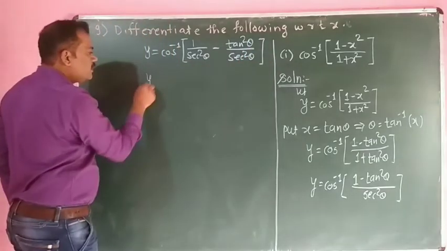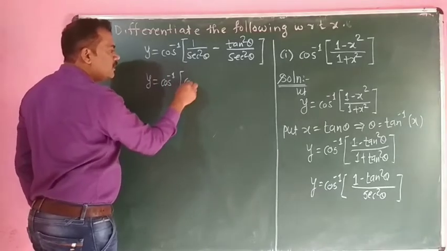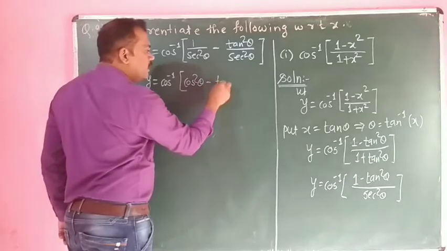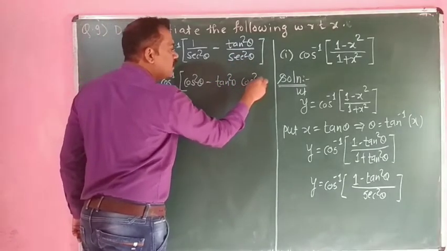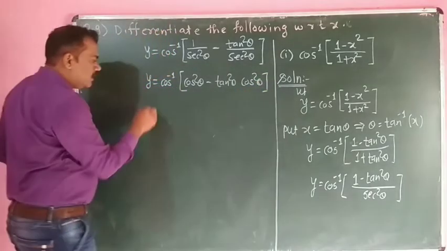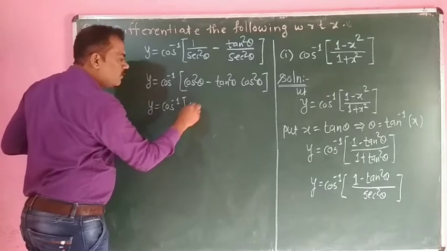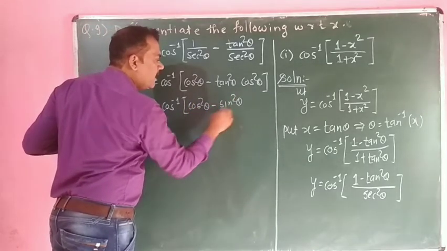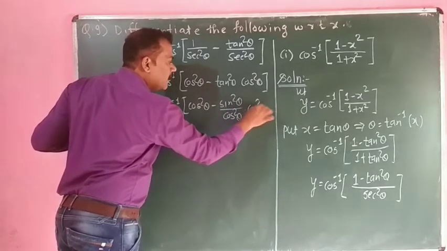That is y is equal to cos inverse of 1 upon sec square theta is nothing but cos square theta, minus tan square theta into 1 upon sec square theta, which is cos square theta. That is y is equal to cos inverse of cos square theta minus sin square theta divided by cos square theta into cos square theta.